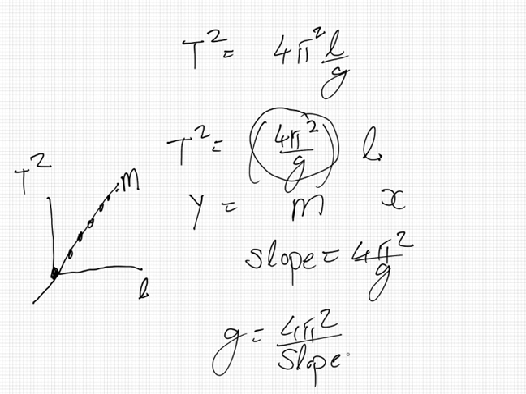You should get a slope of approximately 4, roughly 4, like 3.99, something like this. If it was exactly 4, then your g would be 9.86.